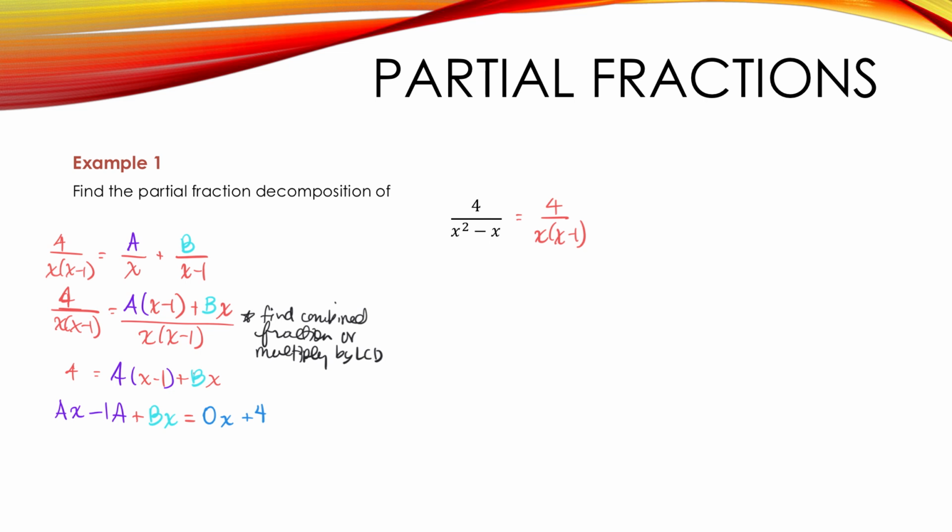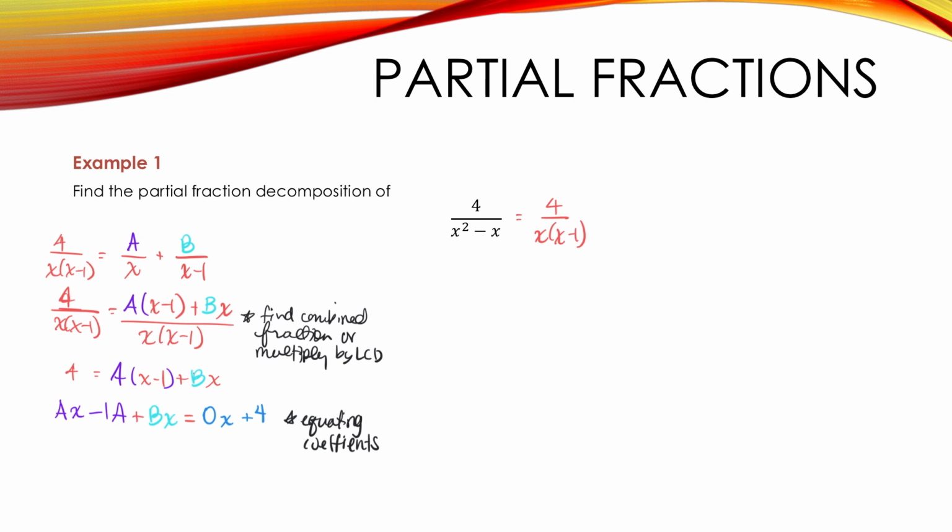And the reason being, we're going to go through this process next called equating coefficients. So equating coefficients means that whatever is on the left has to equal what is on the right. So no matter how many x's or in what form I have my x's on the left, they have to equal the same number of x's I have on the right because they're not coming from anywhere else. The same is true if we had x squareds, x cubes, or even the constant. So if that's the case, let's put them together.